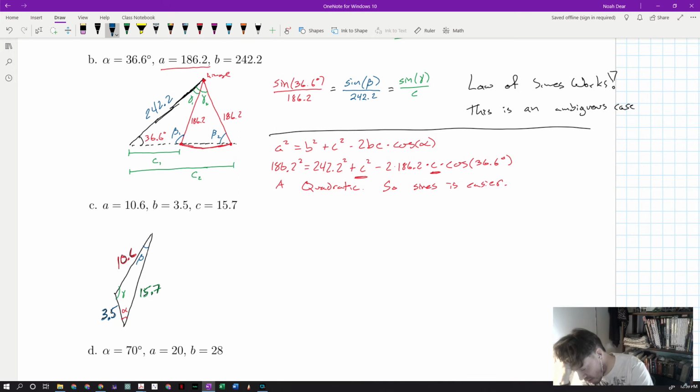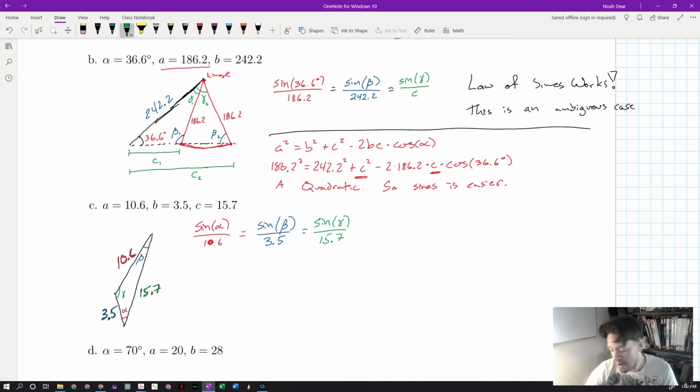Now, if I try law of sines, I'd have sine of alpha over 10.6 equals sine of beta over 3.5 equals sine of gamma over 15.7. And we can see here that no matter how I set up the equations, there's going to be 2 angles involved. And so law of sines does not work.